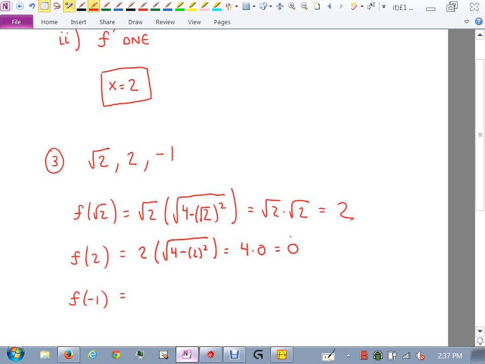And when I plug in negative 1, I get negative 1 square root 4 minus negative 1 squared. So negative 1. Why did I put 4 there? It should be 2 times 0.